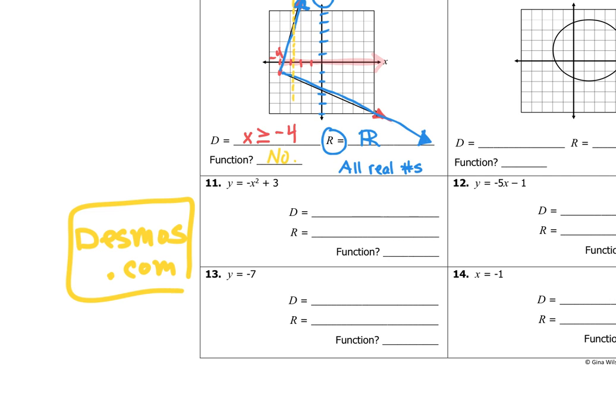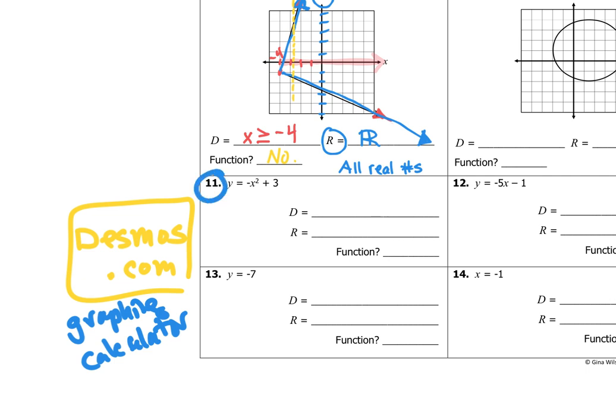I want you to go there because they have a graphing calculator that you can use, and it's very simple to use. And if you have any trouble using it, you can ask one of your classmates who seems to have success with it, if it seems to be more intuitive for them.